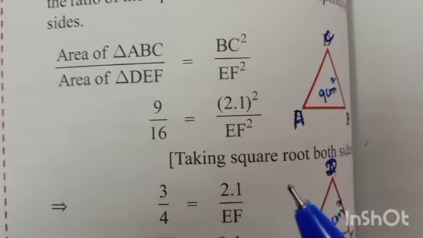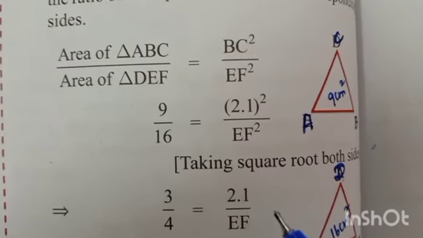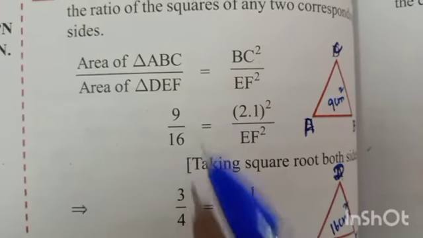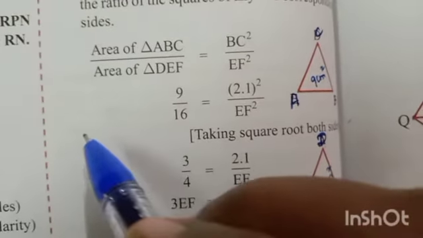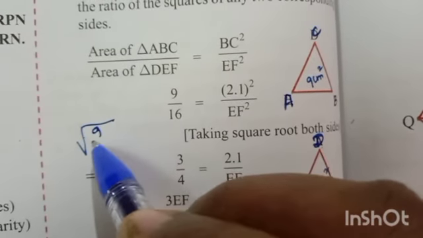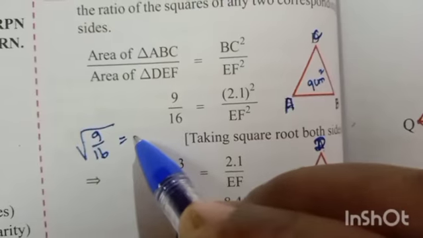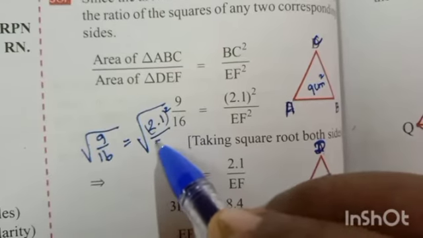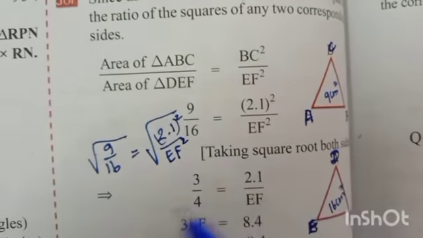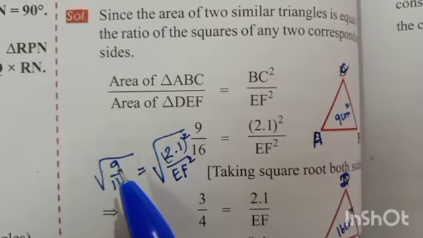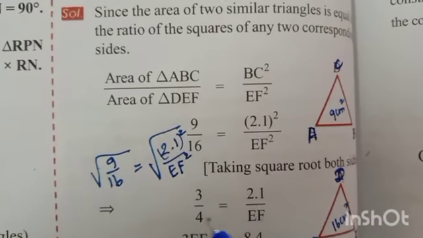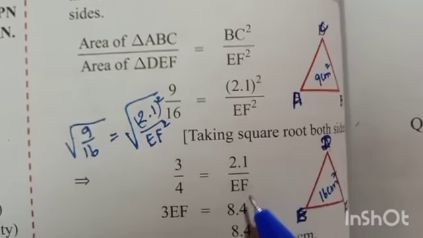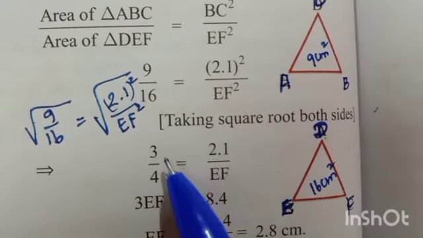Taking the square root on both sides, root 9 is 3 and root 16 is 4, which is equal to 2.1 by EF, as the square and square root cancel.